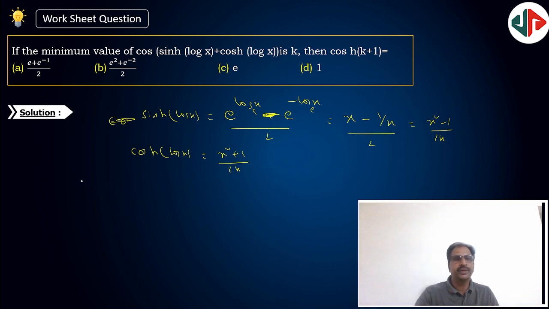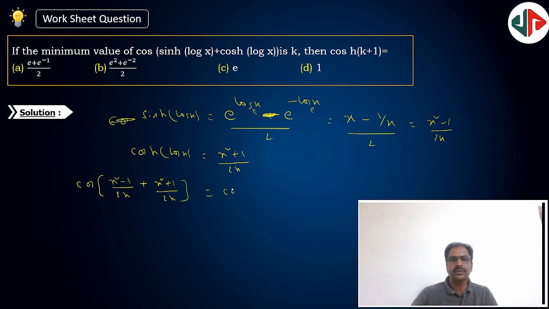Now you have to find the minimum value of cos of sinh of log x plus cosh of log x, that is x square minus 1 by 2x plus x square plus 1 by 2x.